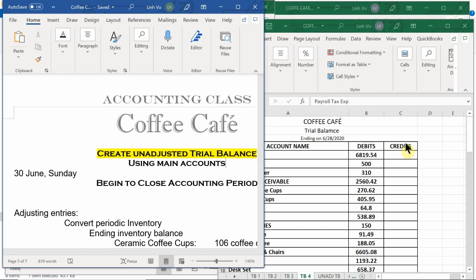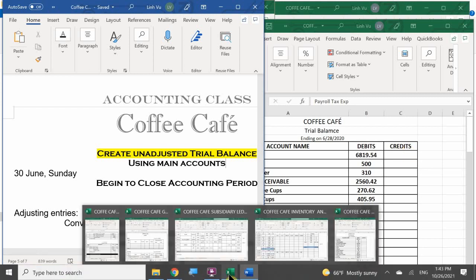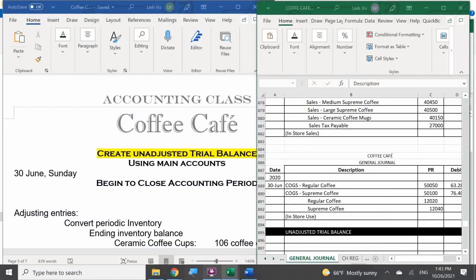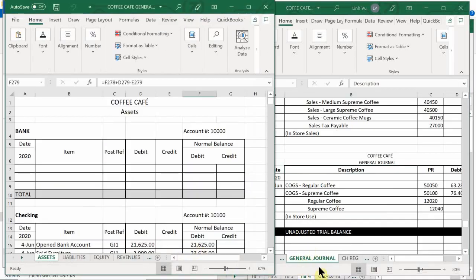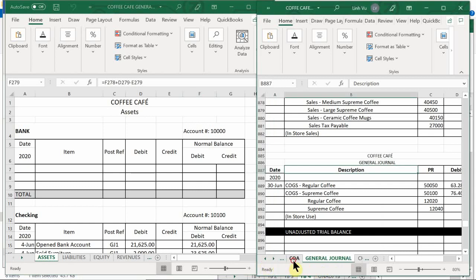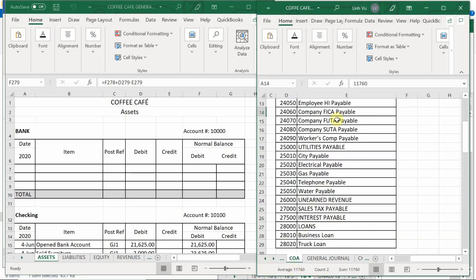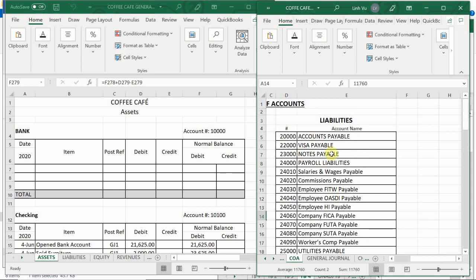Okay, so in this case, we are looking at doing the unadjusted trial balance. And this time I want you to use main accounts. So if you notice this in your ledger, you can tell the difference between your main accounts and your sub accounts. If I look at my chart of accounts, that's what I want to show you. My main accounts are going to be anything that's in capital letters.